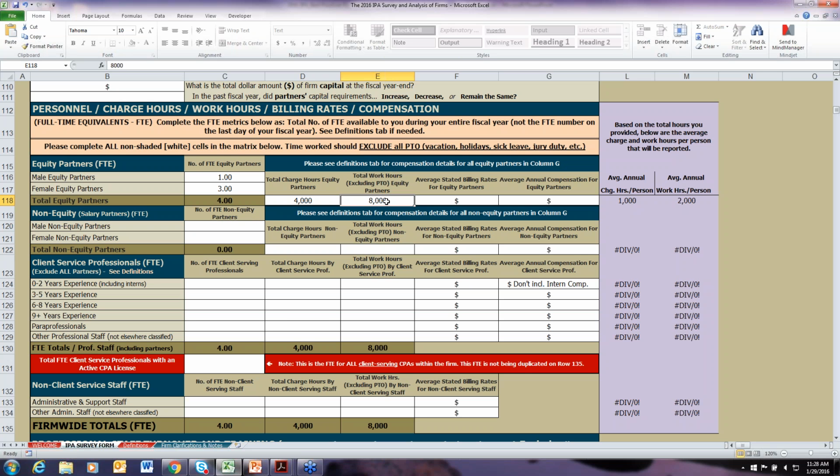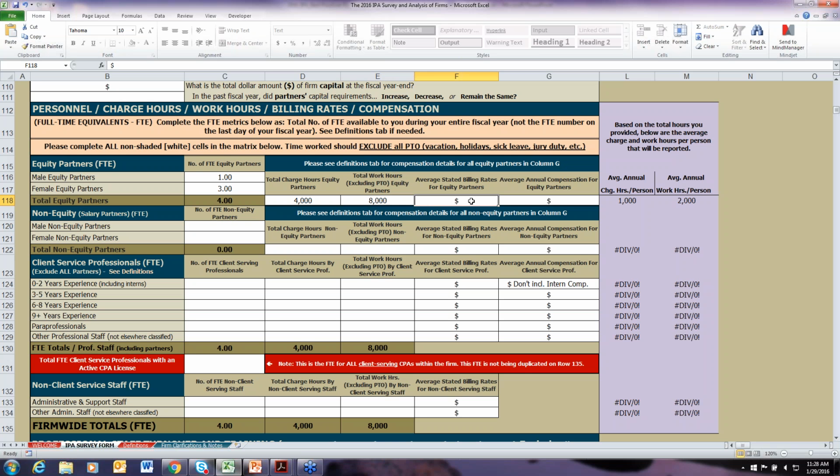In column E, for total work hours, be sure to exclude any paid time off, which is holidays, vacation, sick time, jury duty. Exclude that from the totals. CPE should be included in total work hours. In column F, we're looking for average stated billing rates for the group.